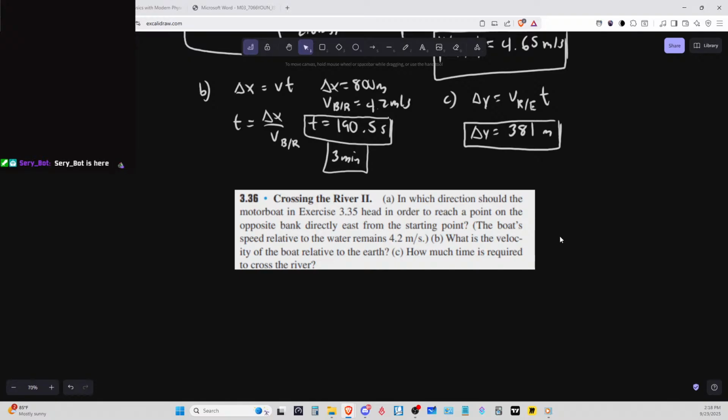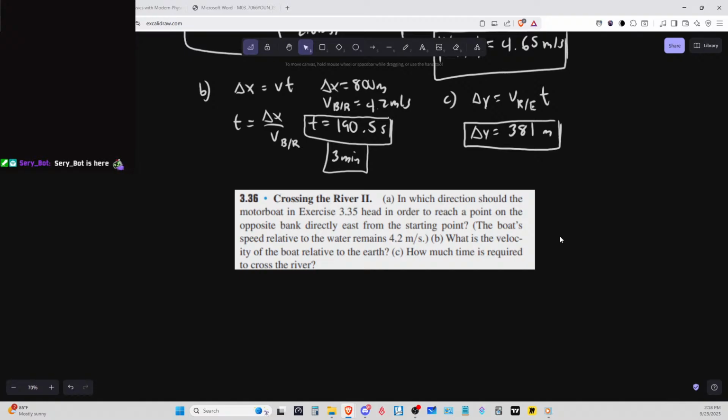Now for the second one that we did not do, let us actually do it now. In which direction should the motorboat in exercise 35 head in order to reach a point on the opposite side, directly east from the starting point?